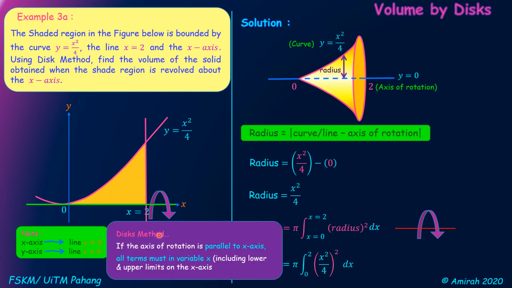When we use this method, if the axis of rotation is parallel to the x-axis, a horizontal line, all terms must be in terms of the variable x, including the lower limit and upper limit, which must be on the x-axis.